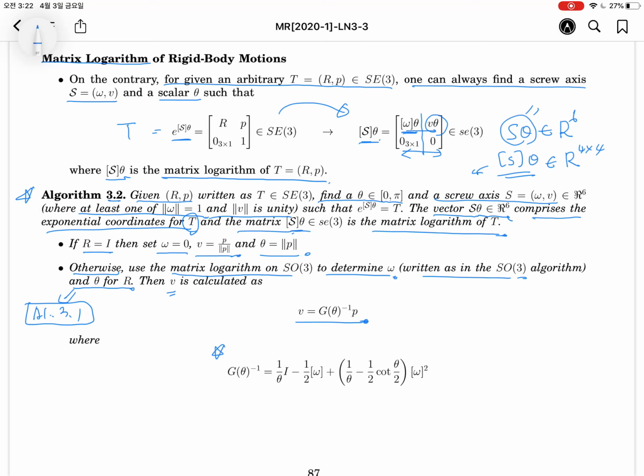The G inverse is obtained from this equation. Actually, the proof of this is left as an exercise. This is homework, homework number 2.